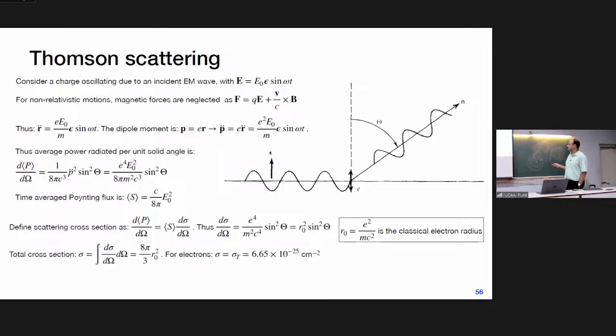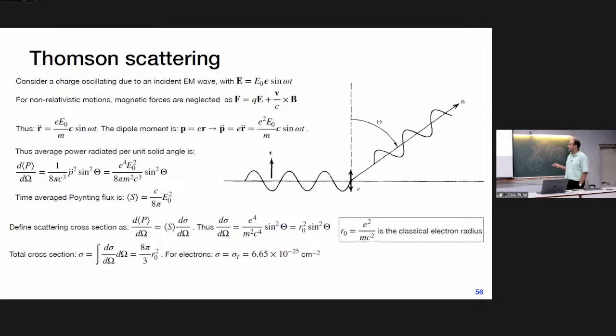Now what we define, and this is a definition that we do, is that the power per unit solid angle is proportional to the time average Poynting flux and an additional quantity. So this is called the scattering cross section. So in terms of the units, you can clearly identify what is happening here.